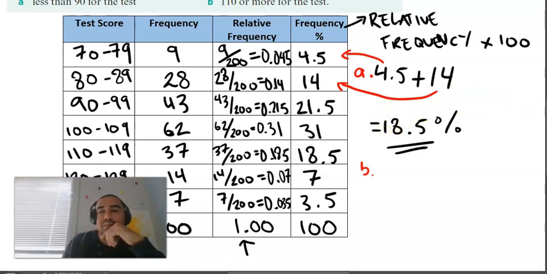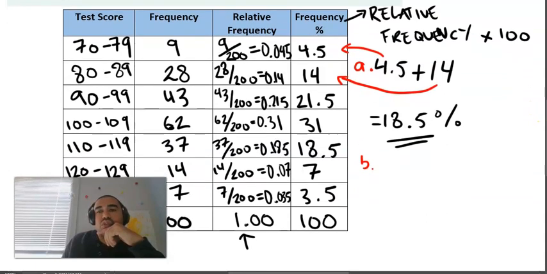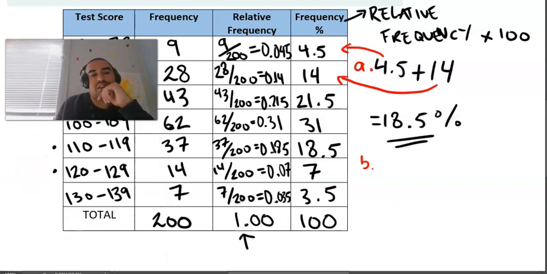Question B, we're looking for the test scores 110 or more for this test score. So we're going to look for the first category that starts with 110, which is here. 110 or more is going to be this category, and above this category here, this category here, all added up, and specifically the percentages that are added up.